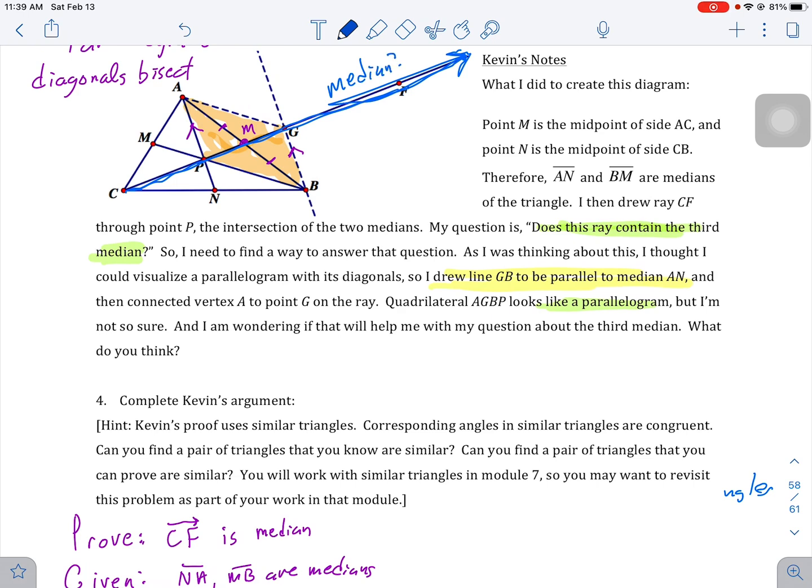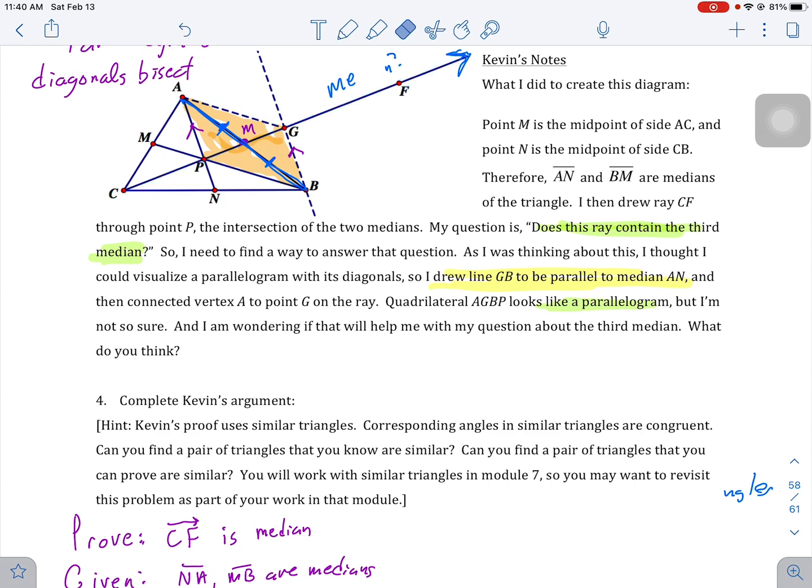Is this a median? Now, a median, if you remember, is something that is going to bisect the opposite side. So in this triangle, AB is the opposite side, Z is the vertex. If it's the median, that means that those two segments would be congruent.